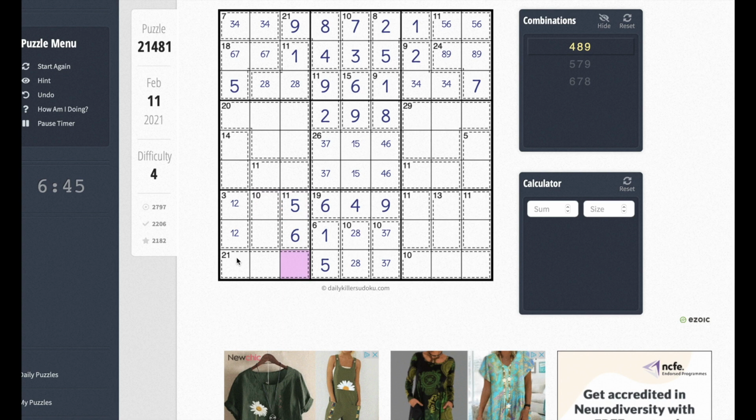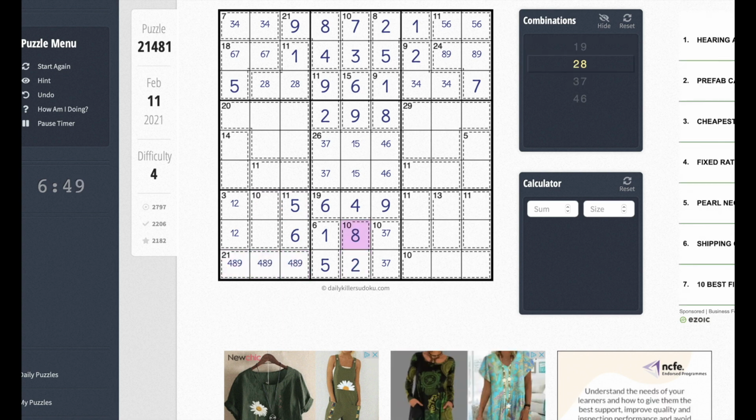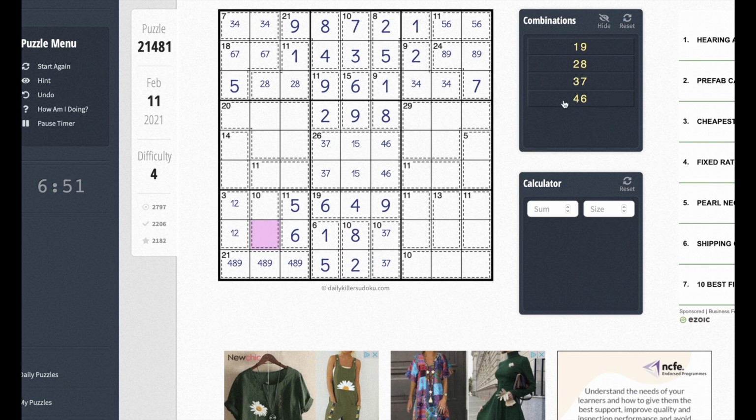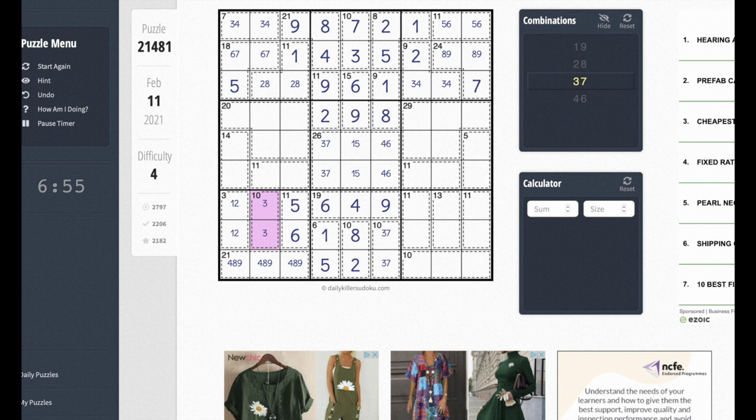Because it also knocks that out, gives us a 4, 8, 9 there. We can resolve those two. So we can take 1s and 2s and 6s out. So this is a 3, 7, which works nicely and resolves those for us. We can now take the 5, 9 out of there. This is a 6, 8.